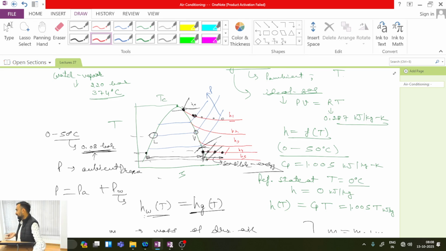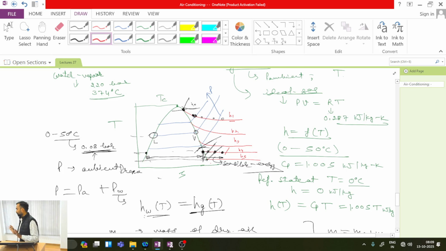At 50 degrees Celsius, the corresponding saturation pressure is 0.08 bar, and below that pressure, the constant enthalpy lines on the TS diagram are almost horizontal. It means enthalpy can be taken as solely dependent on temperature.